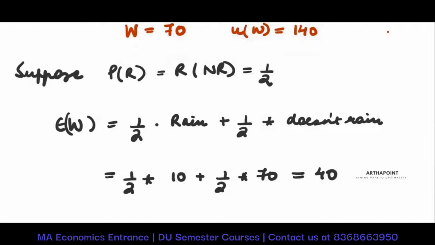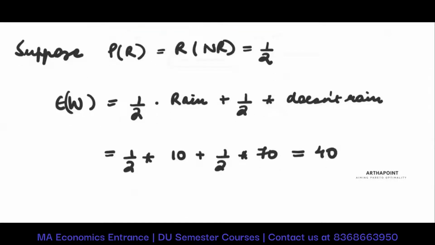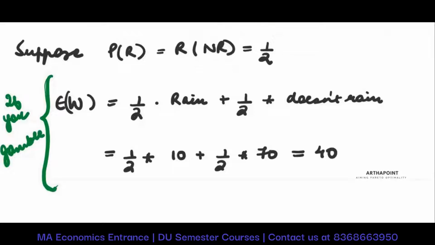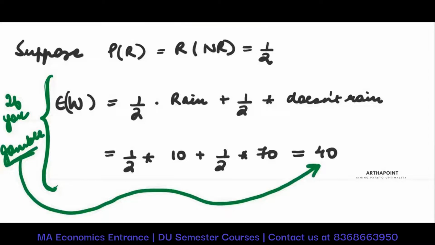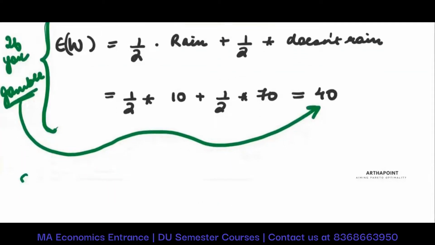Now listen to me carefully. I am saying that if you play the gamble, then on an average, you will earn 40. Sometimes you will win.